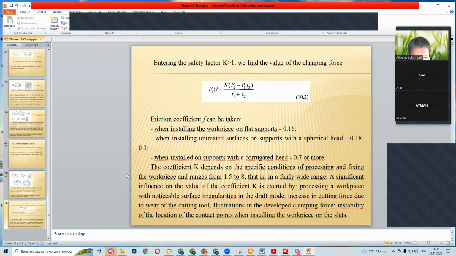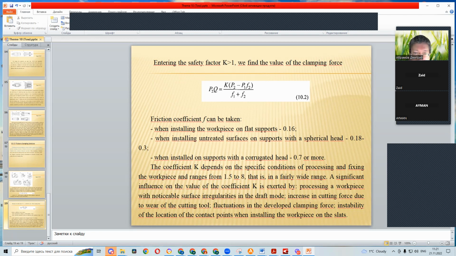A significant influence on the value of the coefficient K is exerted by processing a workpiece with noticeable surface irregularities in the draft mode, increase in cutting force due to wear of the cutting tool, fluctuations in the developed clamping force, instability of the location of the contact points when installing the workpiece on the supports.